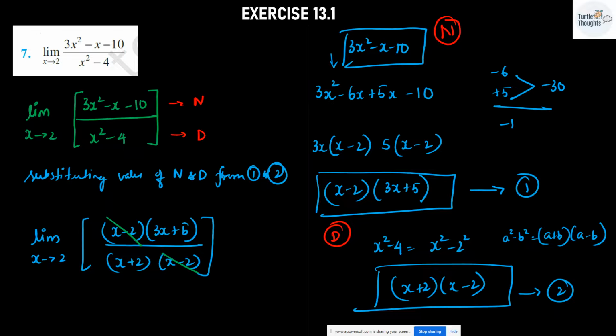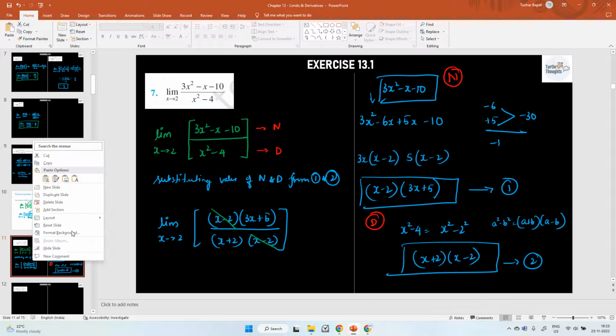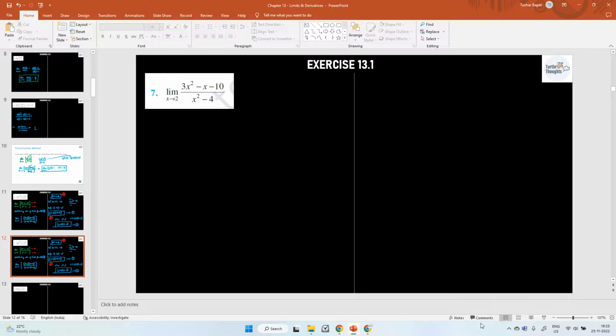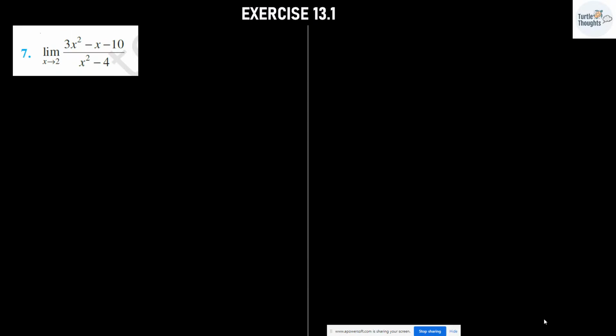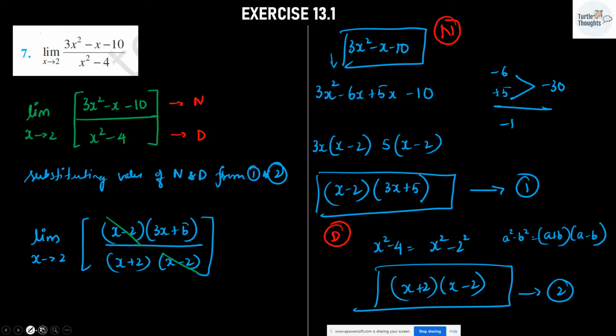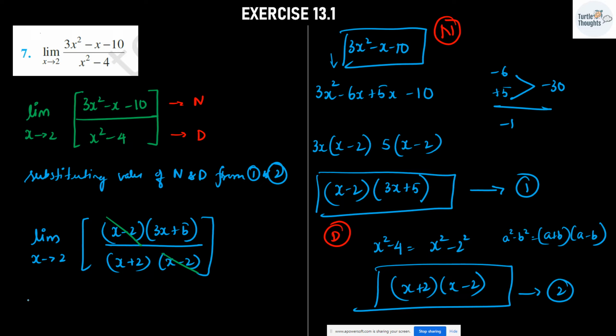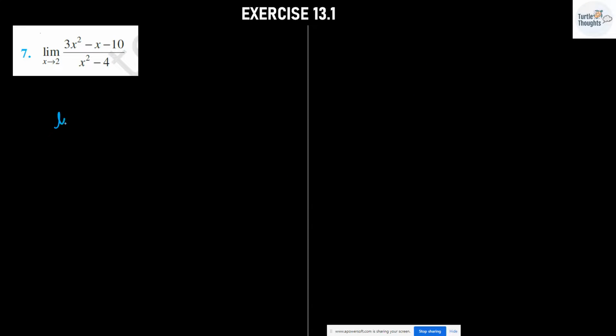So let me just take one more slide over here. So I'm left with the limit of 3x plus 5 over x plus 2.